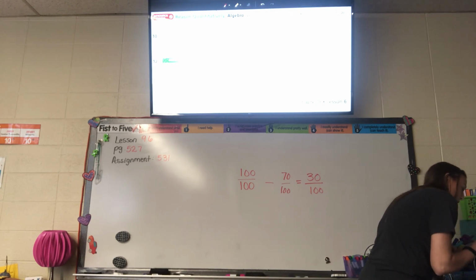And 1 whole equals 100 hundredths. And then 100 hundredths minus 70 hundredths equals 30 hundredths left. 30 hundredths of a gallon left.